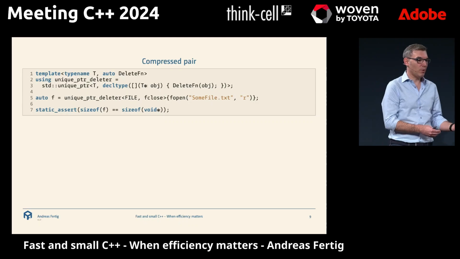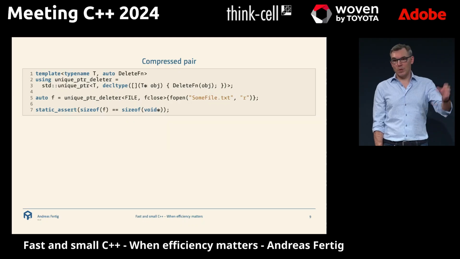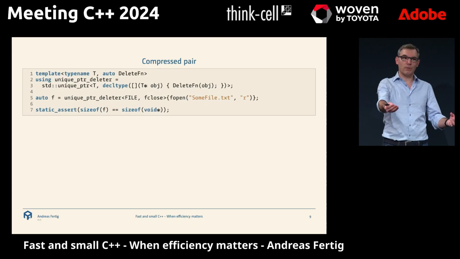And this is what I'm doing here. My captureless lambda takes a T star as parameter and it invokes delete fn with that parameter objt. So whatever delete fn is, we are passing objt to it.